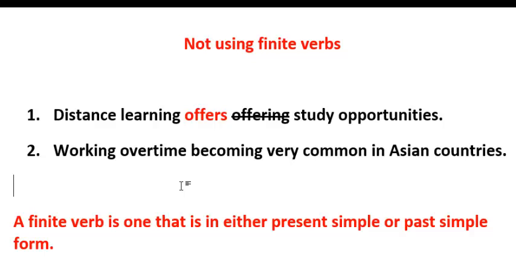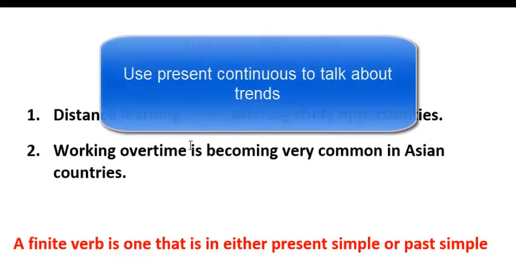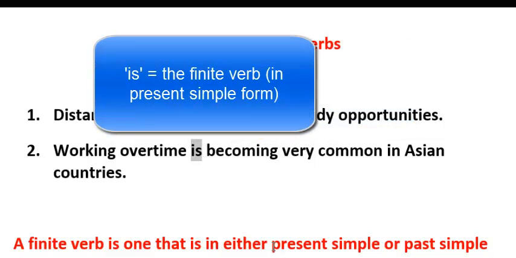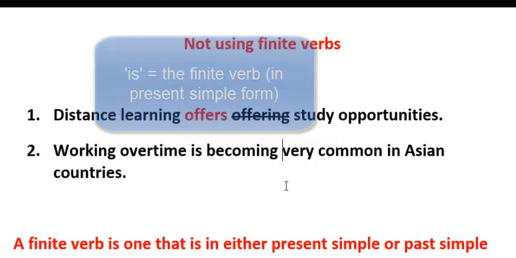Now, I have two choices in terms of the finite verb I use and also the tense I use. If I look at the sentence, there's two main meanings. One could be I'm talking about a trend, in which case I would use the present continuous: is becoming very common in Asian countries. Is is my finite verb in this case.